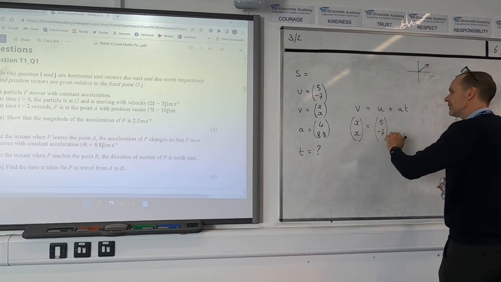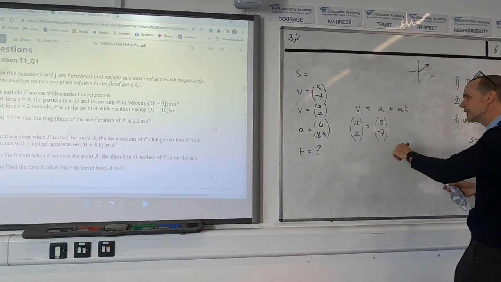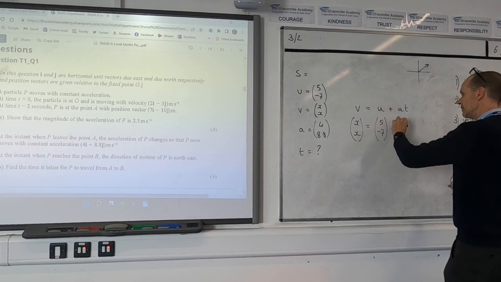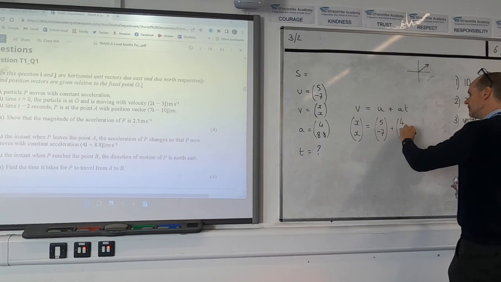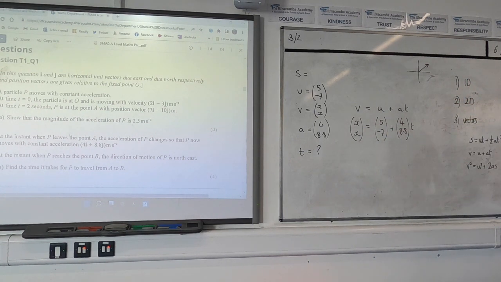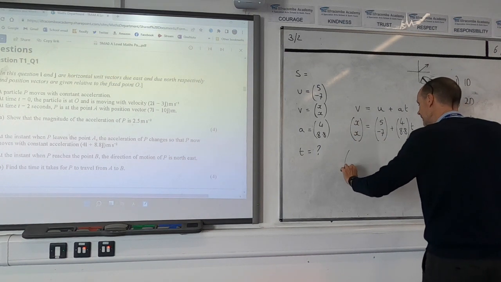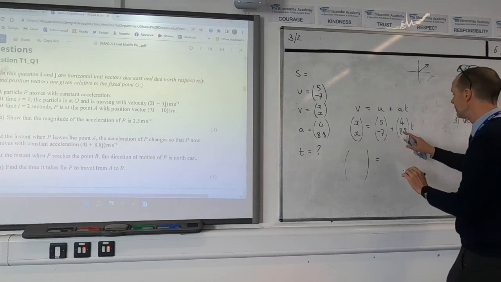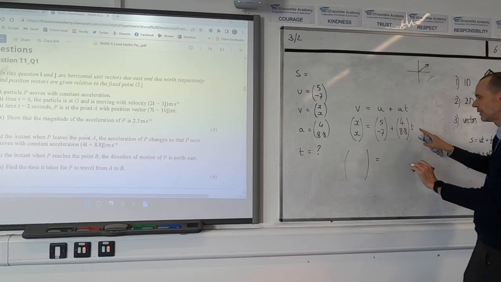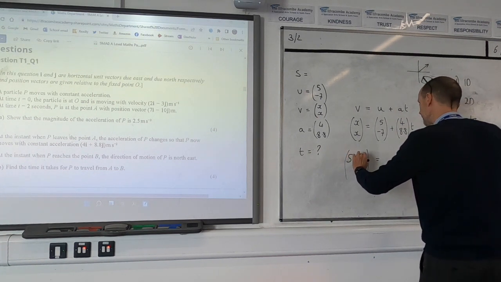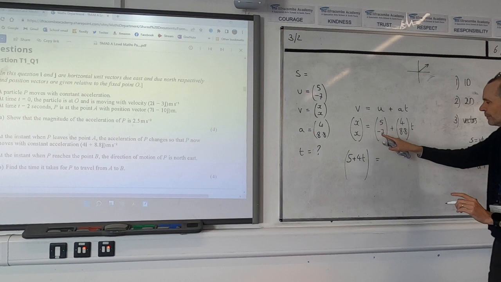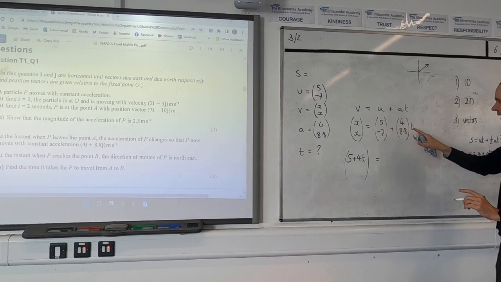Remember, u is the initial velocity because that's the speed it reached. So this is actually going to be 5 plus 4 lots of t, and this will be minus 7 plus 8.8 times 2.